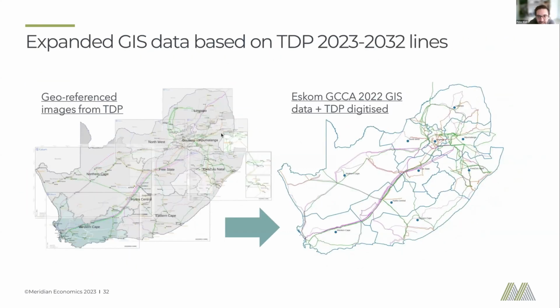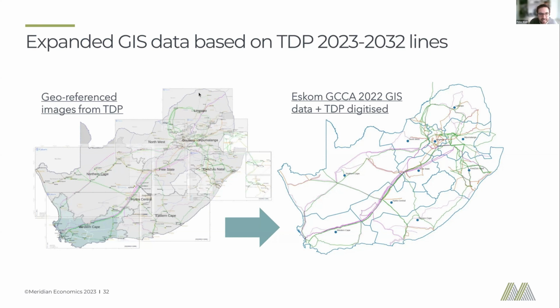In terms of GIS data, we'll speak about it a little later as well, but essentially we've tried to update the information that we have from the TDP. Unfortunately, the latest TDP information isn't available in GIS format, but ESCOM has provided GIS data for existing lines, I think, back to 2018.